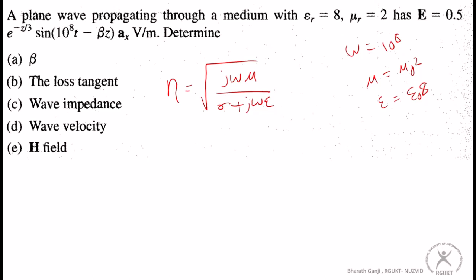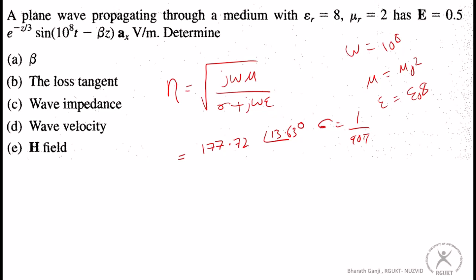Sigma we calculated, I think we got something like 1 by 95. So you can use these values here. It's a complex division. You can do it in your calculator. It's an easy one to do. So you get an answer something like 177.72 at an angle of 13.63 degrees.